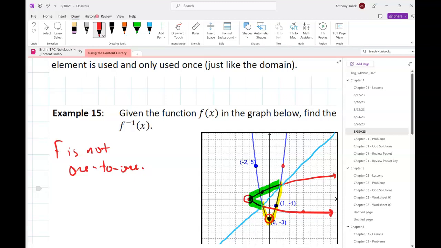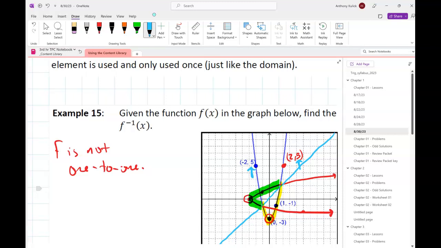Well, if I look at this point here, what's the coordinate at that point? And if we look at the y coordinate here, we have a repeated y coordinate, right?